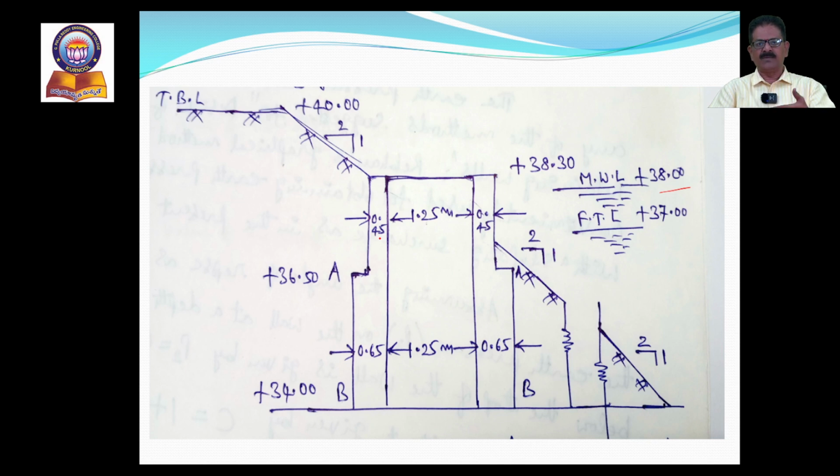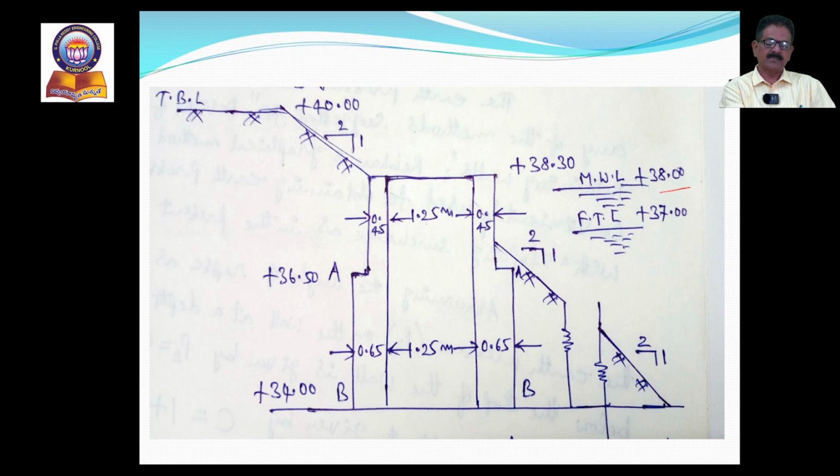With respect to the earth pressure acting on the well steining, obviously from the bottom of the well the earth pressure will be maximum. It goes on decreasing. Therefore, the thickness also we can curtail like this. It is not necessary to provide uniform thickness throughout the height of the well. That's why in the present case, we assumed the thickness of the well steining as 65 centimeters for a portion of 2.5 meters at the bottom and 45 centimeters for the portion of 1.8 meters at the top.